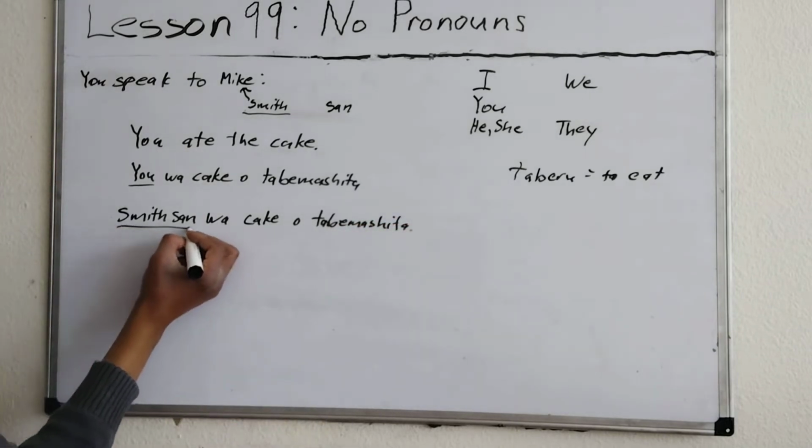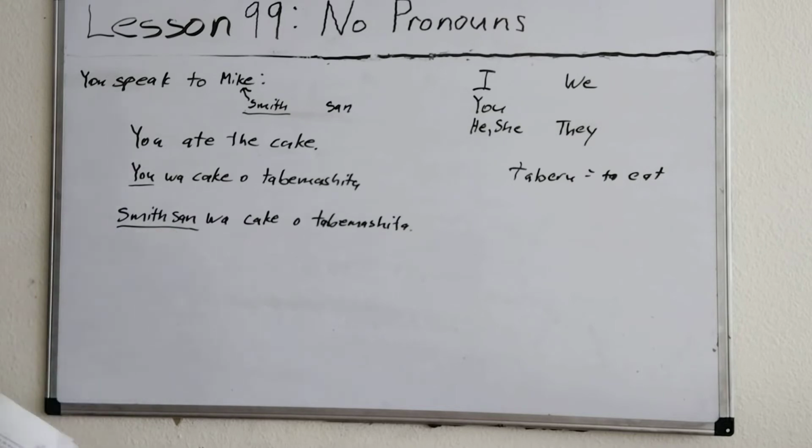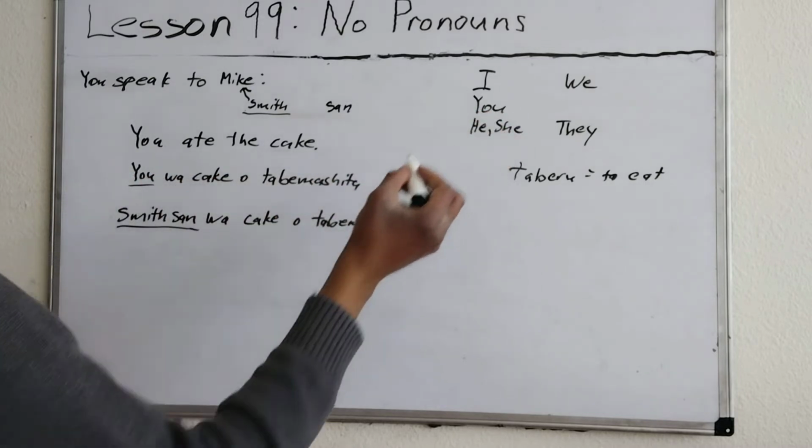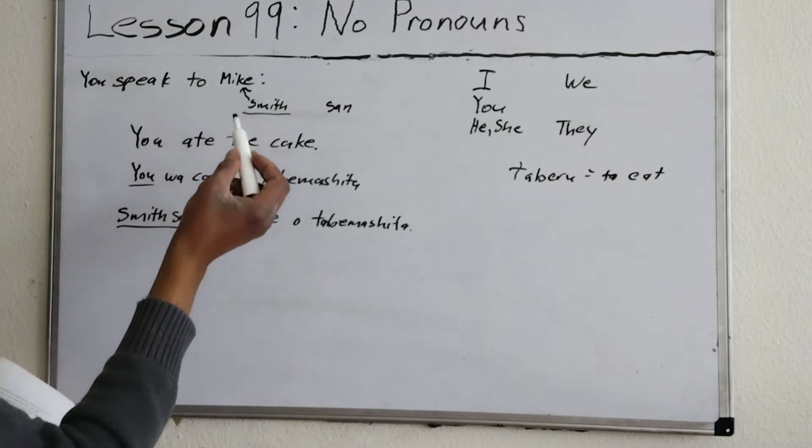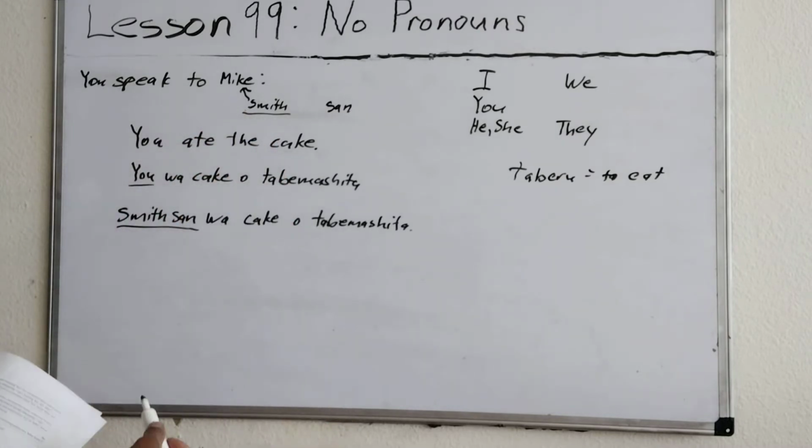Instead of you, you would use Smith-san. So, we got rid of the pronoun you and replaced it with his name. We didn't use Mike because we want to be polite, and we just generally use the family name, Smith.